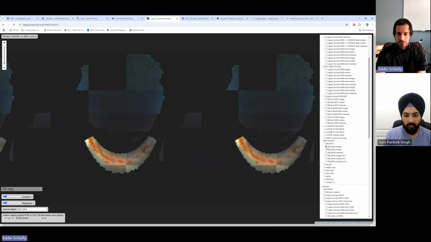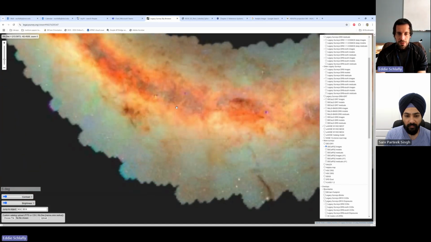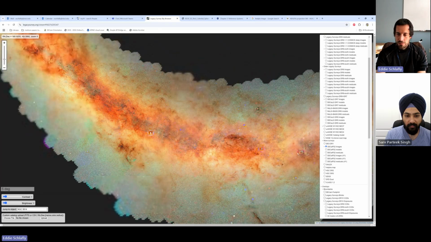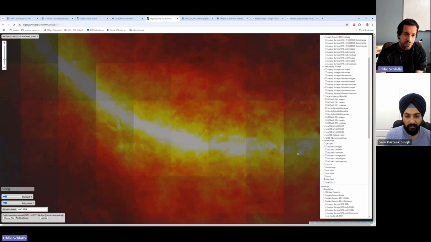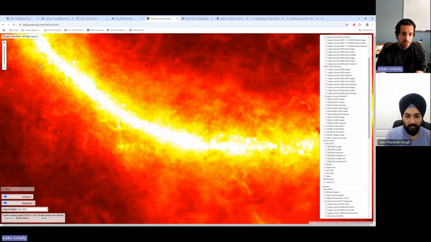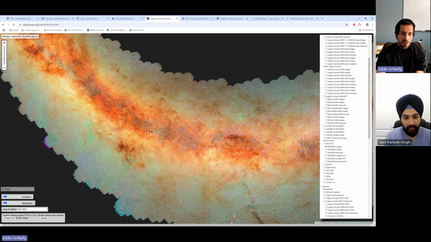Another way to spot dust is if you look in the optical. Maybe I can try blinking these two maps. Yeah, good. So here's the infrared map of dust that's emitting light, and I want you to focus on this cloud here, and you can then look at the optical map of where light is being absorbed by dust, and you see that there's this dark structure here.